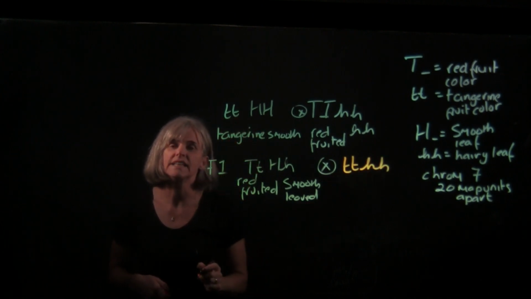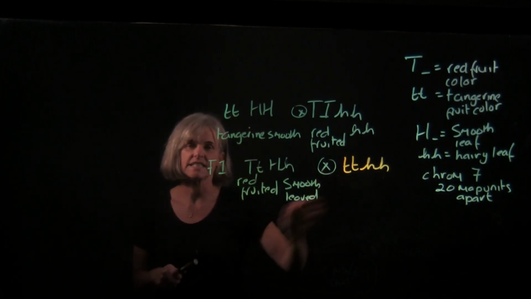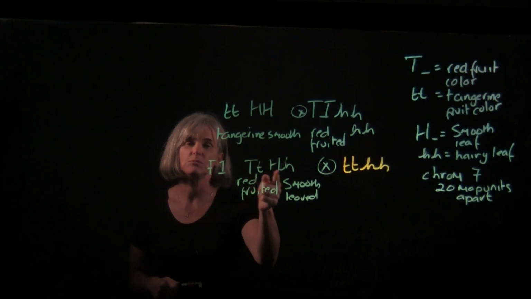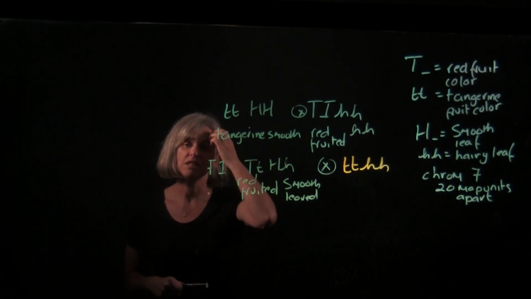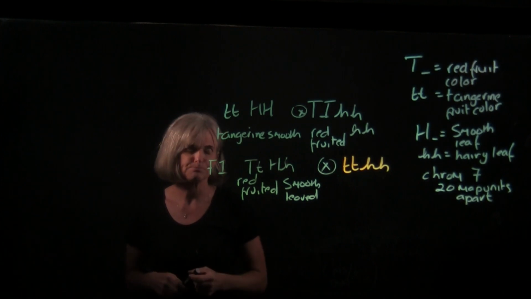And so I'm going to write the test cross alleles in a different color because we can set those aside. The function of the test cross is to allow us to simply observe the segregation of the alleles in the heterozygous plant that we're interested in.